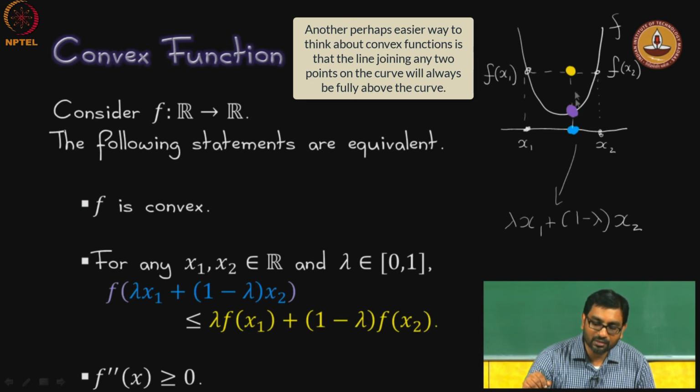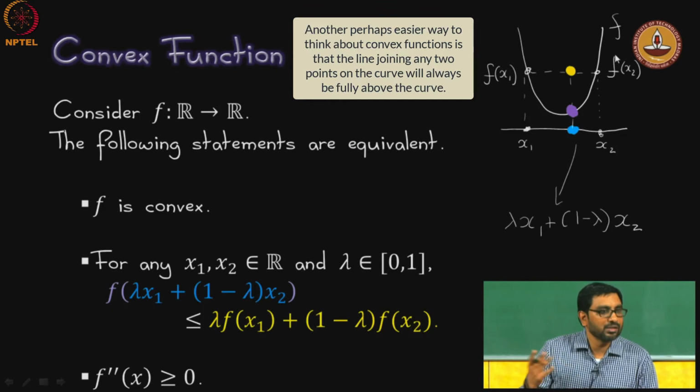The comparison of these 2 points gives you a definition of whether the curve is convex or not. For convexity, what you need is that this point on the curve should be less than or equal to this intermediate point on the line segment joining f of x1 and f of x2. And that should be true for any choice of x1, x2 and any choice of lambda. Okay.